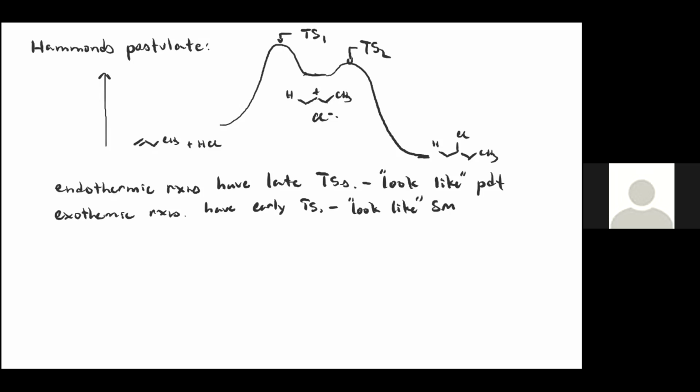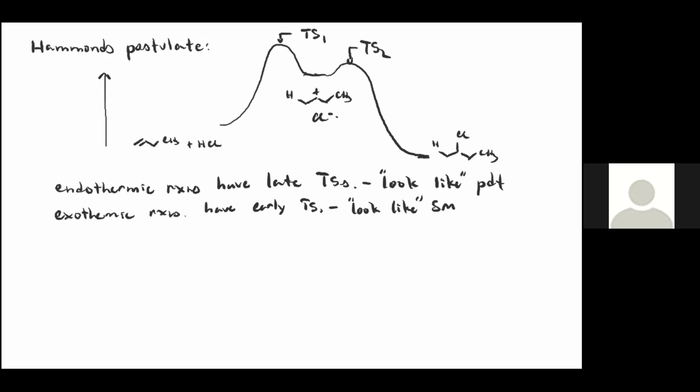Because it has a lot of energy, the transition state, where I've got partial bond forming or bond breaking occurring, which is always destabilizing, is going to be closer in energy to that high energy species. It's going to look physically more like that high energy species, okay?